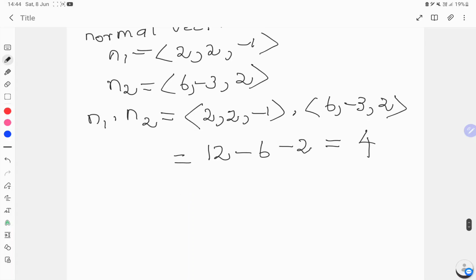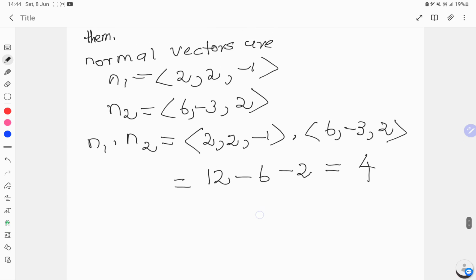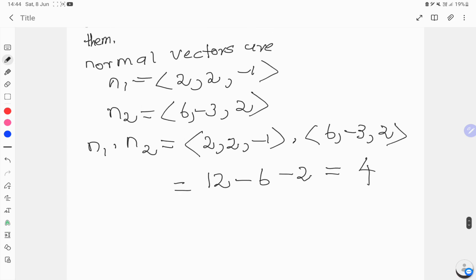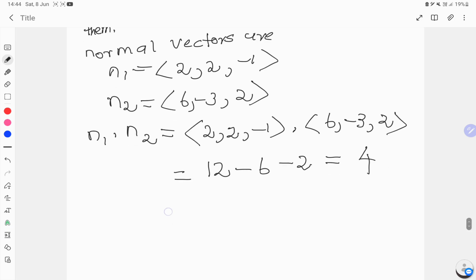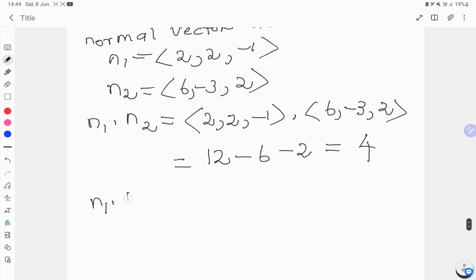Therefore, this is not perpendicular because this dot product output is not equal 0. We already know the definition of the dot product: magnitude of N1 into magnitude of N2 into cos theta.